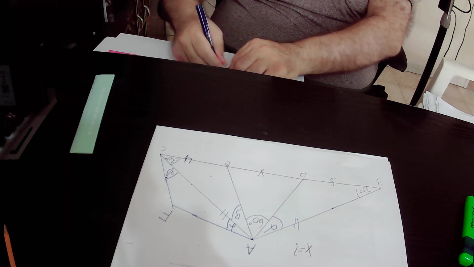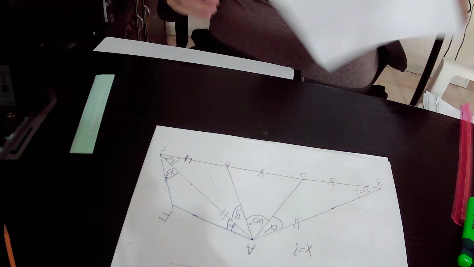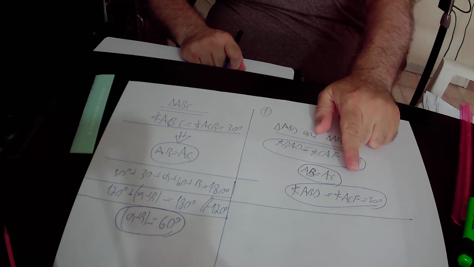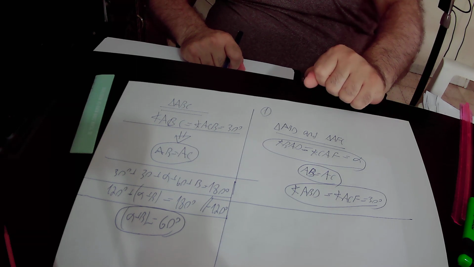Here I repeat again, angle BAD equals angle ACF, and they are both equal to 30 degrees, therefore they are equal to each other.